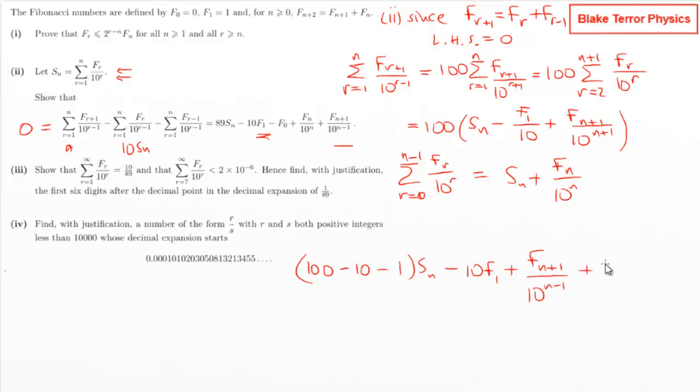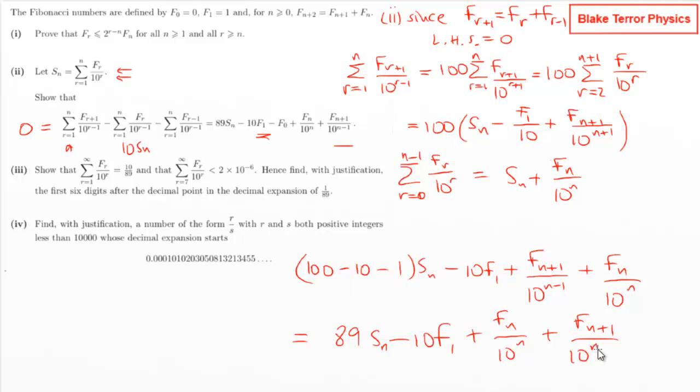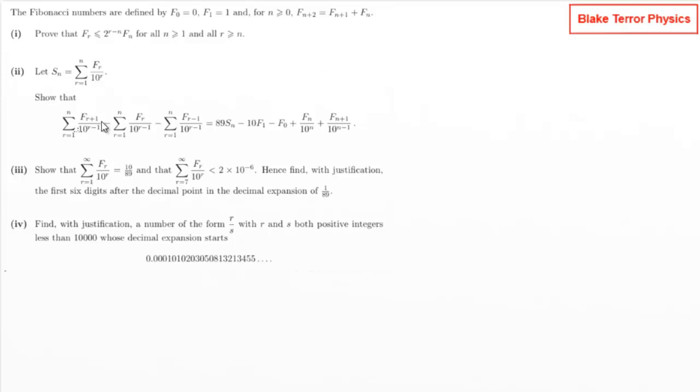And I've got a plus Fn over 10 to the n. So that is equal to 89 Sn minus 10 F1 plus Fn over 10 to the n plus Fn plus 1 over 10 to the n minus 1. Wonderful. Okay, right, so the bit that put me off the question wasn't actually that bad, but I still wouldn't have picked it. So onwards then with part 3.